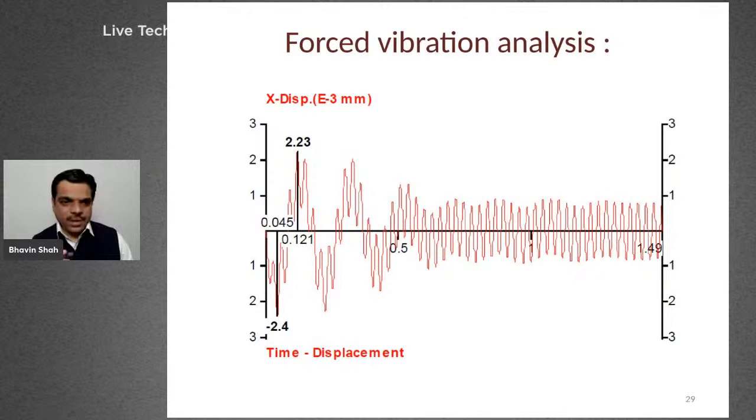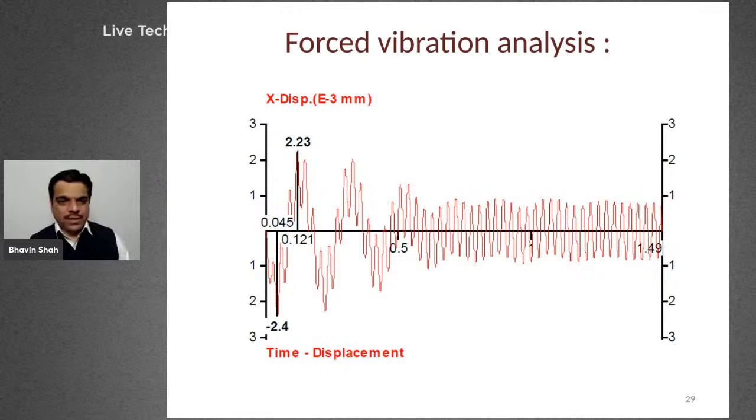After a certain time the values reduce, and slowly and gradually become less than 1 micron. Whenever it becomes less than 1 micron, that is known as the steady state. The zone of 2.4 and 2.23 micron is considered the transient response.